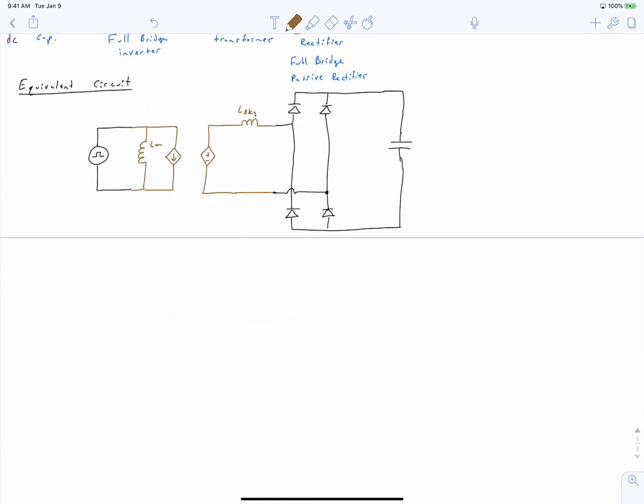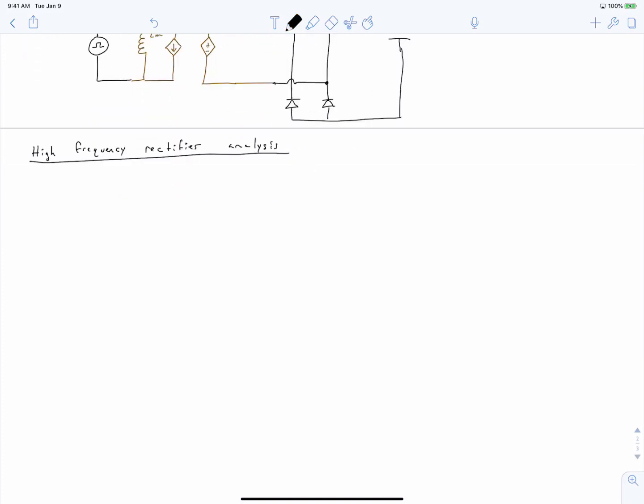So we're going to work with this equivalent circuit, but study the rectifier portion of it as a high-frequency rectifier. So at the beginning of our class, we talked about single-phase low-frequency rectifiers, single-phase low-frequency and low power, so 60 Hz rectifiers, and they were all around the range of these 20 volt ampere transformers that you can purchase from DigiKey.